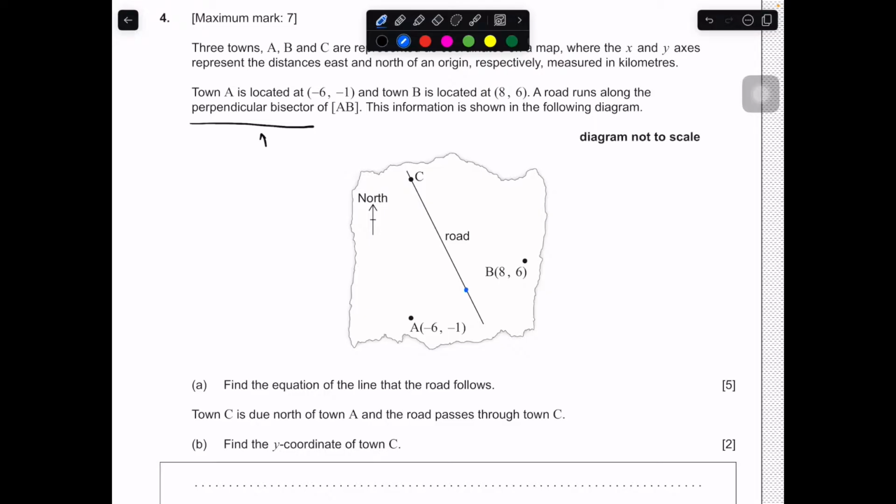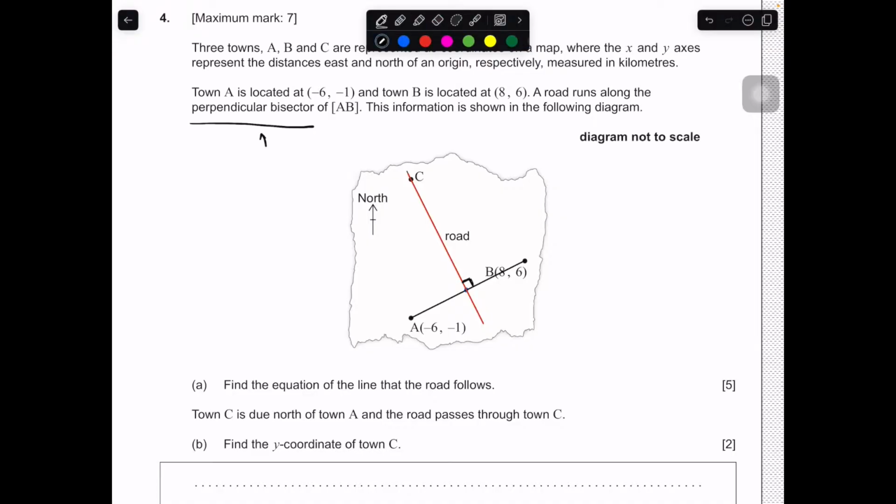A point on the line itself would be the midpoint between A and B. So if we find that midpoint, we should be able to find a point on the line. And then, of course, how do we find the slope of this line? Well, this line, since it's perpendicular, is going to be perpendicular to the slope of AB. So let's work that out and see what we can do.